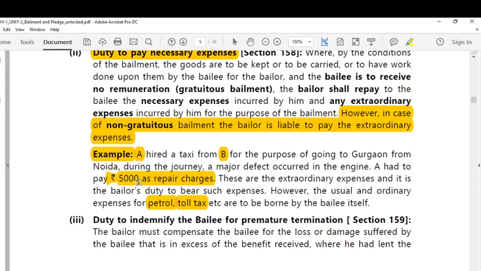As such, it is the duty of Mr. B, who is the bailor, to pay that 5,000 to the bailee, it being extraordinary expenses, and the particular bailment contract is non-gratuitous, which means to say both the parties to the contract of bailment have a mutual benefit.